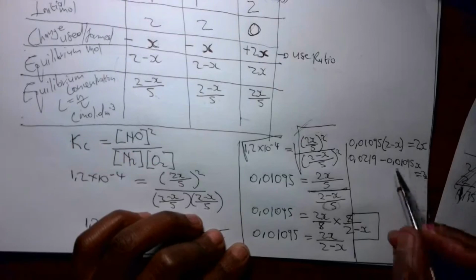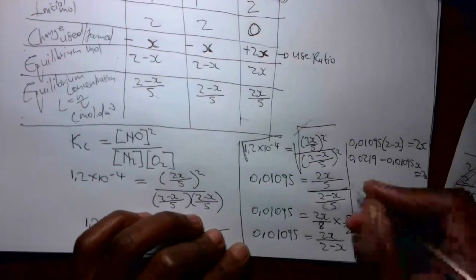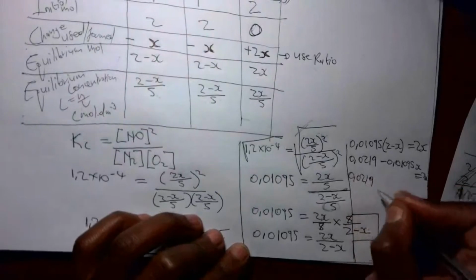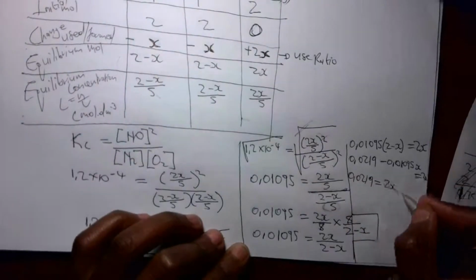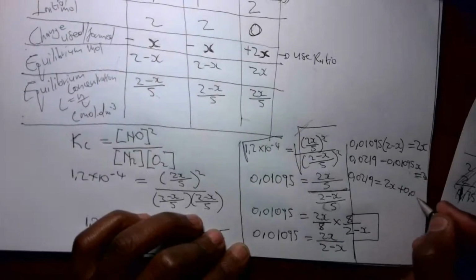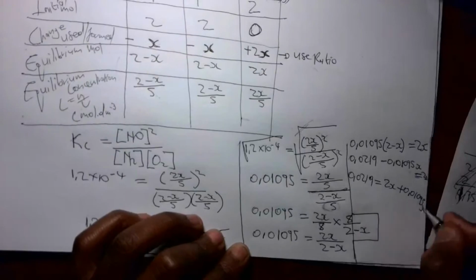So we transpose this one to the other side. Now we're going to be left with 0,0219 which is equal to 2x plus that 0,01095x.